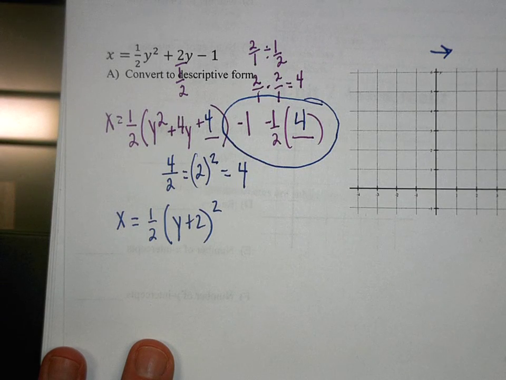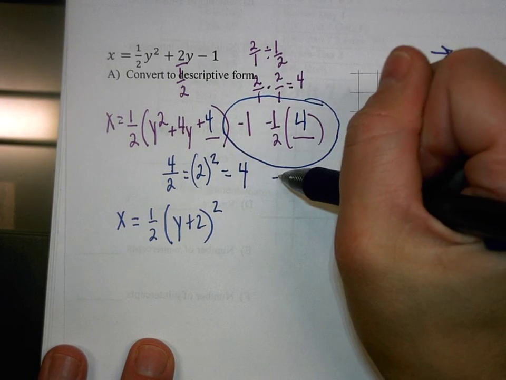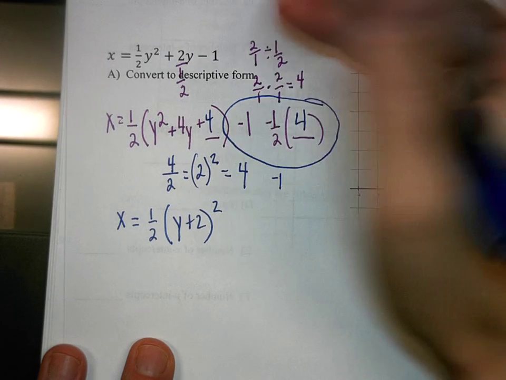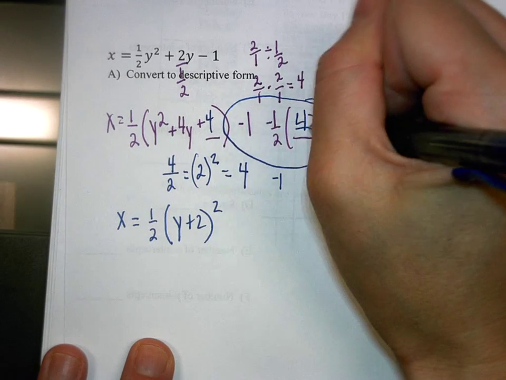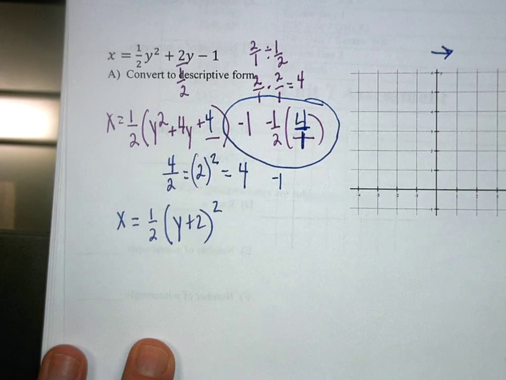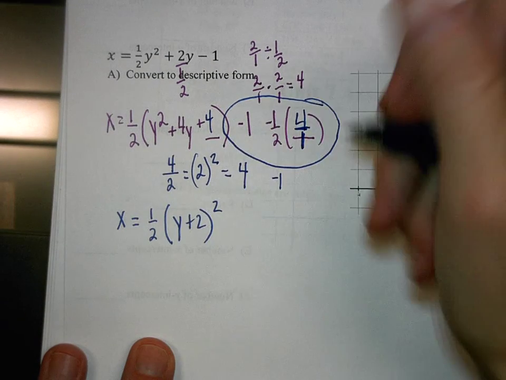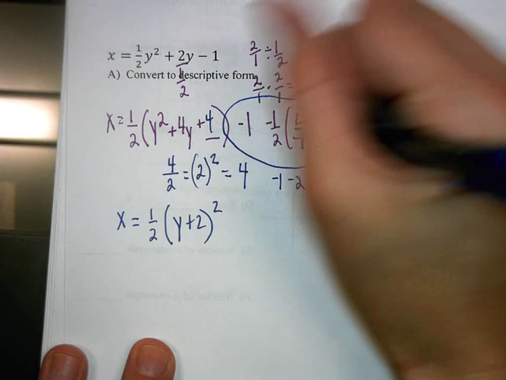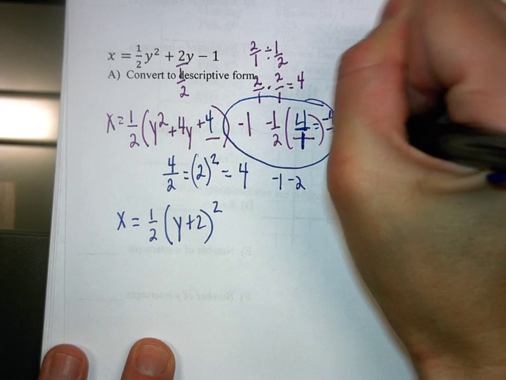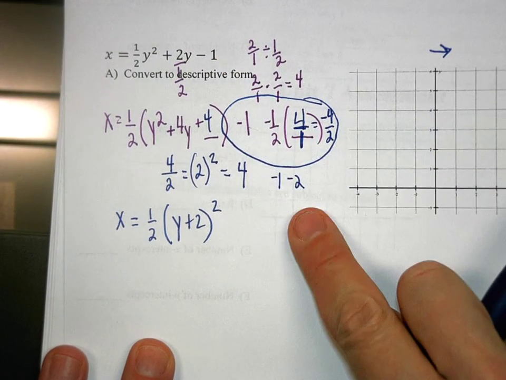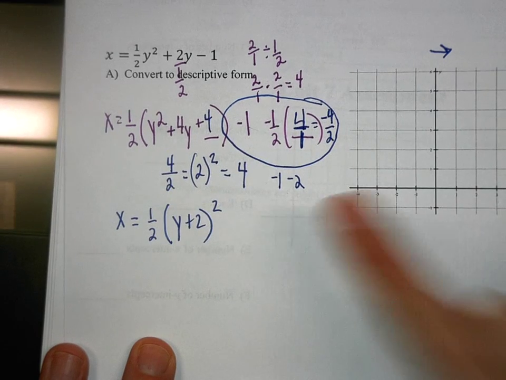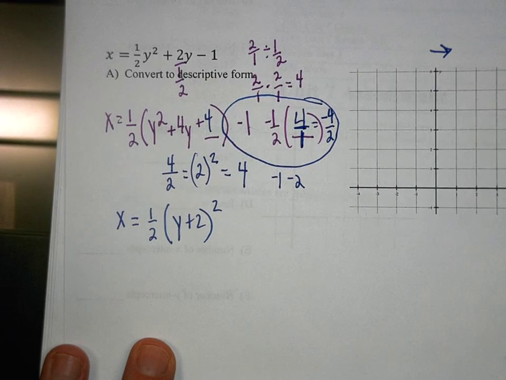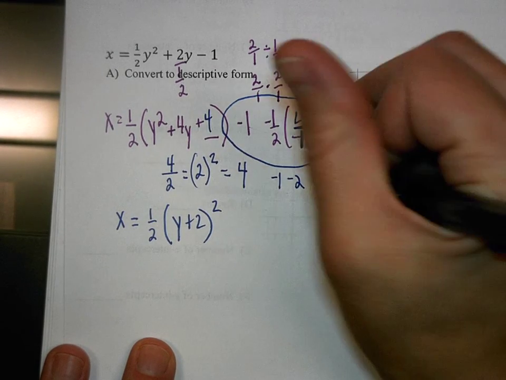Am I going too fast? Are we good? Okay. So we have -1, and then this is -1/2 times 4 over 1. And what does that make? -2 is correct, because if you multiply straight across, we get -4 over 2, which reduces to be -2. And what is -1 minus 2? -3.